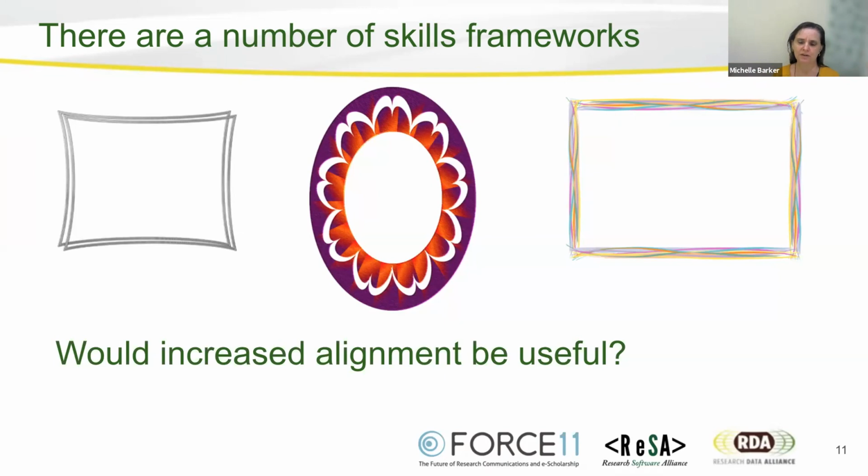And one of the questions, the key question, I guess, of the BoF today is, how do we bring these pieces together? Would some kind of increased alignment be useful? Where can we look at overlaps and commonalities and think about where we might want to join some of those pieces so that they form a more coherent whole?